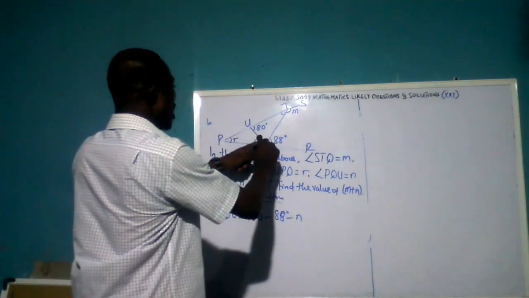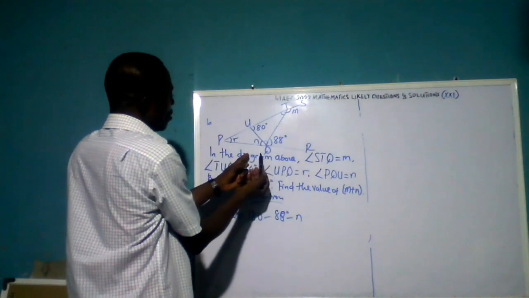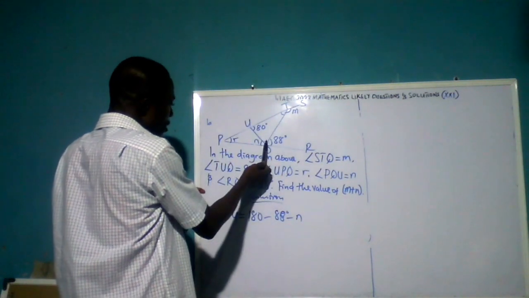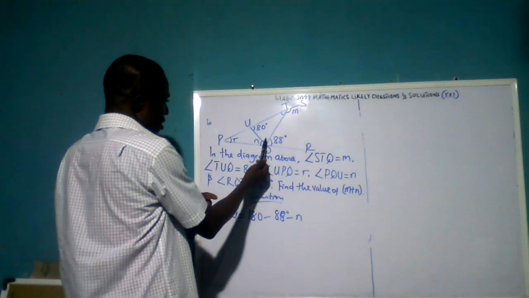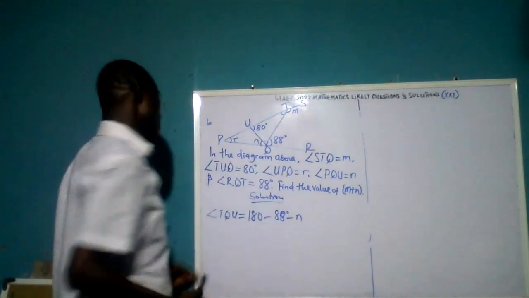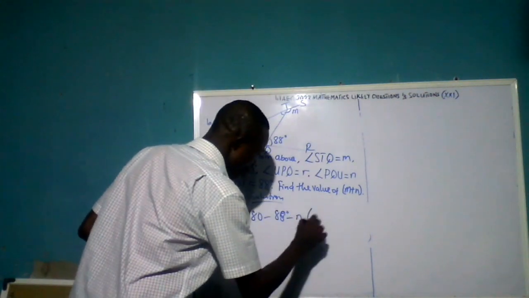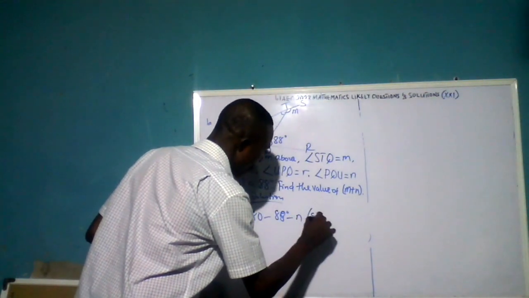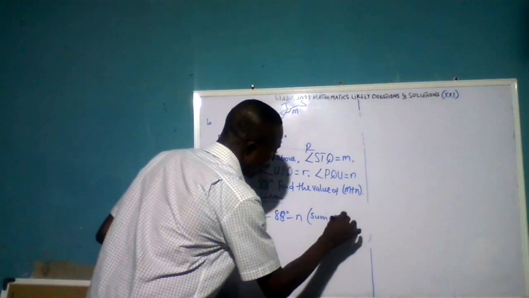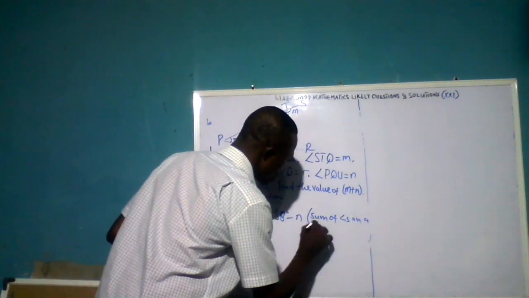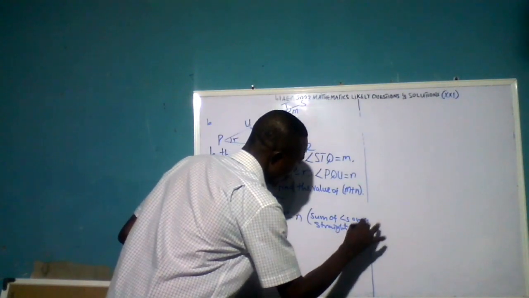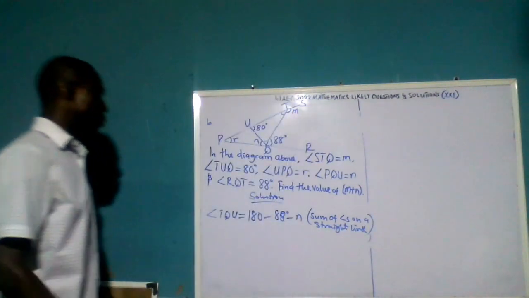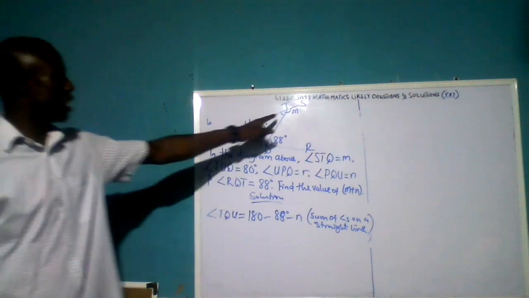And if the sum of everything here is equal to 180 degrees, it just means that if you are finding this, it will be equal to 180 degrees minus this. And you just put the reason: sum of angles on a straight line.